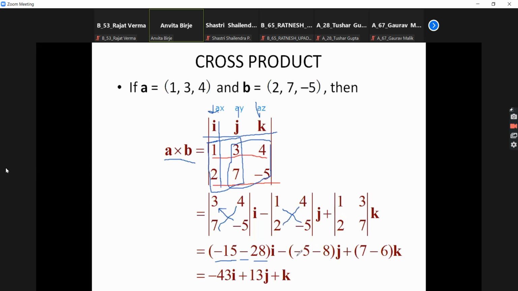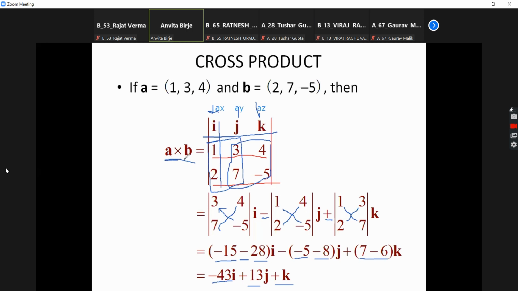So -5 into 1 is -5, -4 into 2 is -8. Here the sign is always minus, and here the sign is always plus. Again 7 into 1, that is 7, 3 into 2, that is 6. So this becomes -43, this becomes minus minus, that is +13, and this becomes 1. So the coefficient of k is 1.